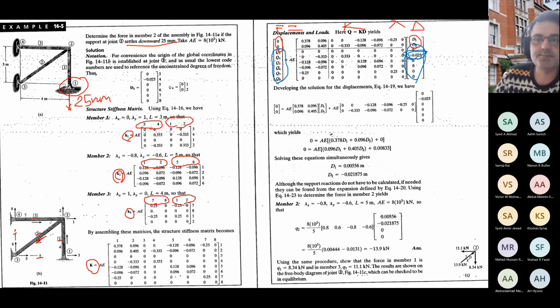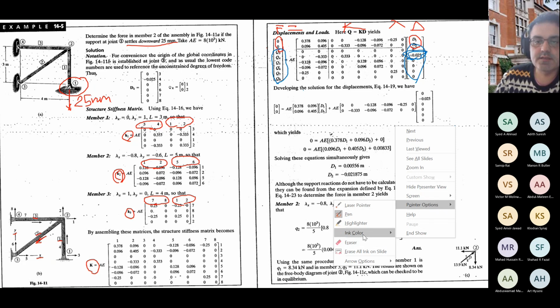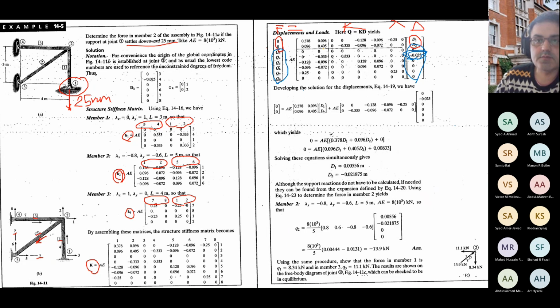If you take a look at my mouse cursor, with another color like this one, I can say this one, which is 0, 0 here, is equal to this part of the matrix multiplied by D1 and D2, plus this part of the matrix, plus this part of the delta vector, which is this one.